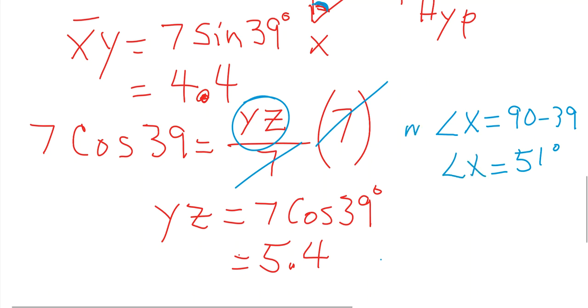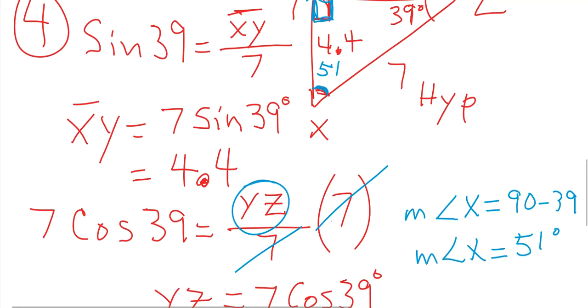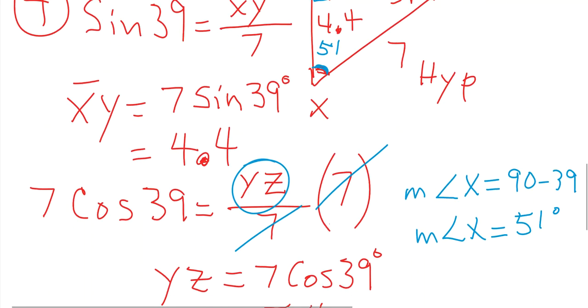Sometimes if you want to be really picky, they do it like this. What they mean by that is the measure of angle X. The measure of angle X equals 51. All right, so that is example number 4. Let's do now another one, example number 5.